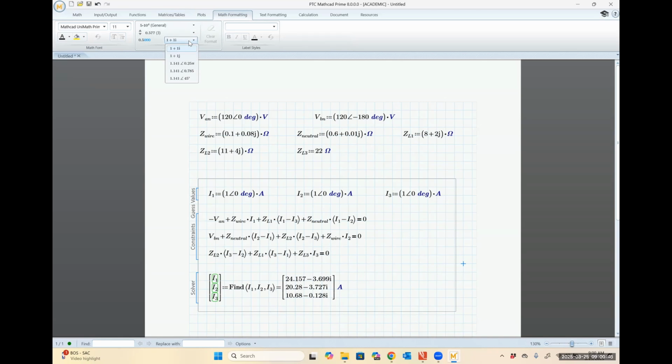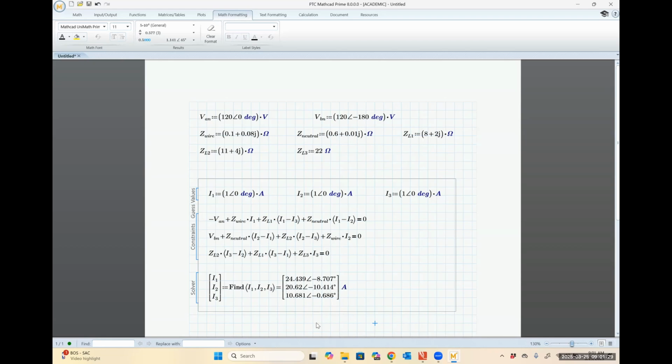So MathCAD gives us the option of expressing our answer in rectangular form with I as the imaginary operator, rectangular form with J as the imaginary operator, polar form with our angle expressed in pi radians, polar form with our angle expressed in radians, and lastly, polar form with our angle expressed in degrees, which is what we typically use. So I'm going to choose that last option from the drop-down menu, and there are my three currents expressed in polar form.